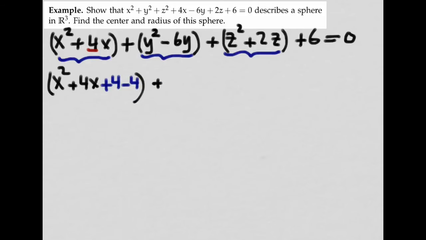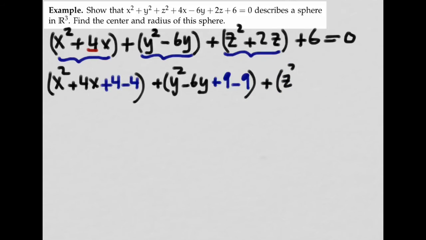Plus y squared minus 6y. I'm going to look at 6, multiply by 1/2 to get 3, and square the result to get 9. So I'm going to add 9 and subtract 9. Plus z squared plus 2z.